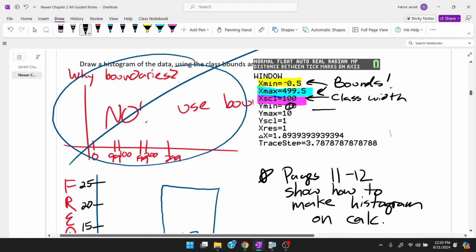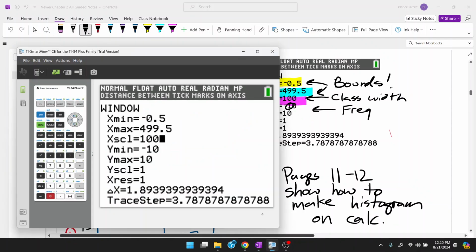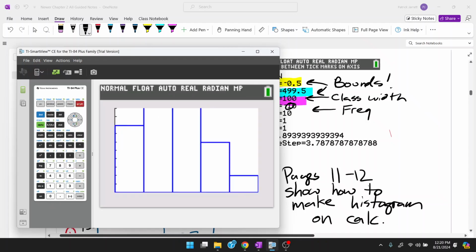The Y deals with frequencies. Because here's what happens. We have an X max of 10. There's the bars. Now, even though it's out of view, hit that trace button.